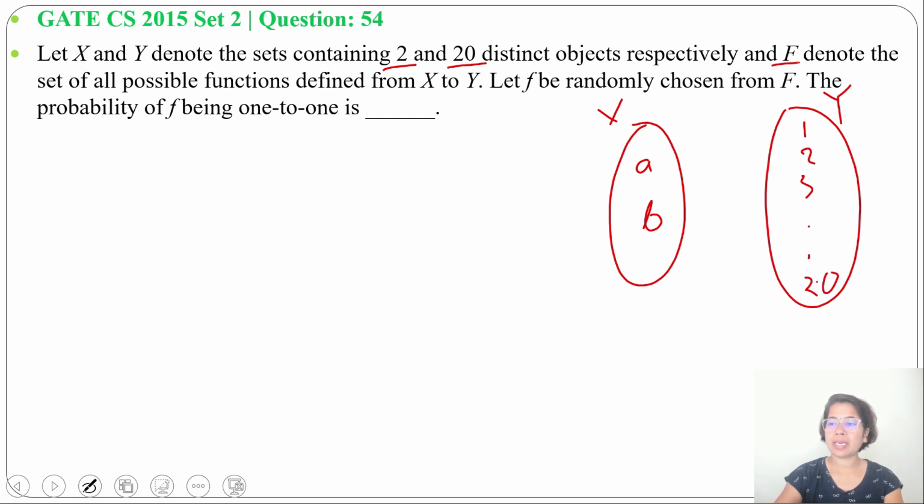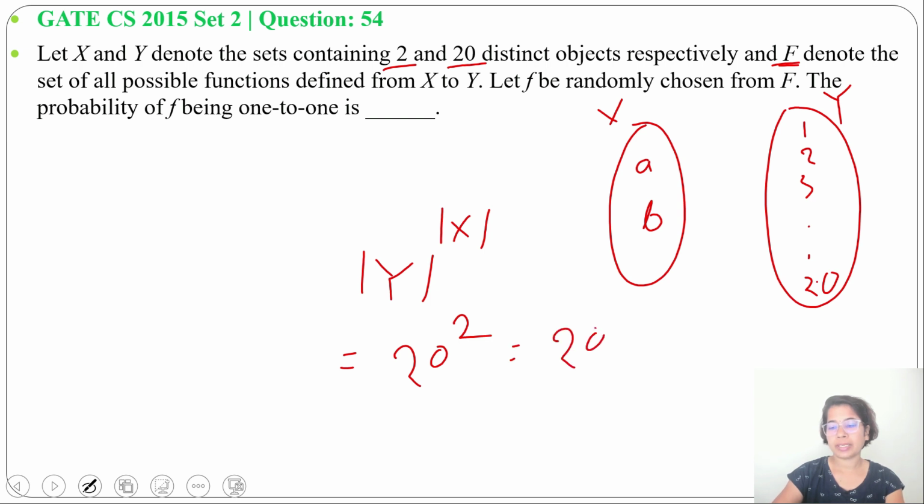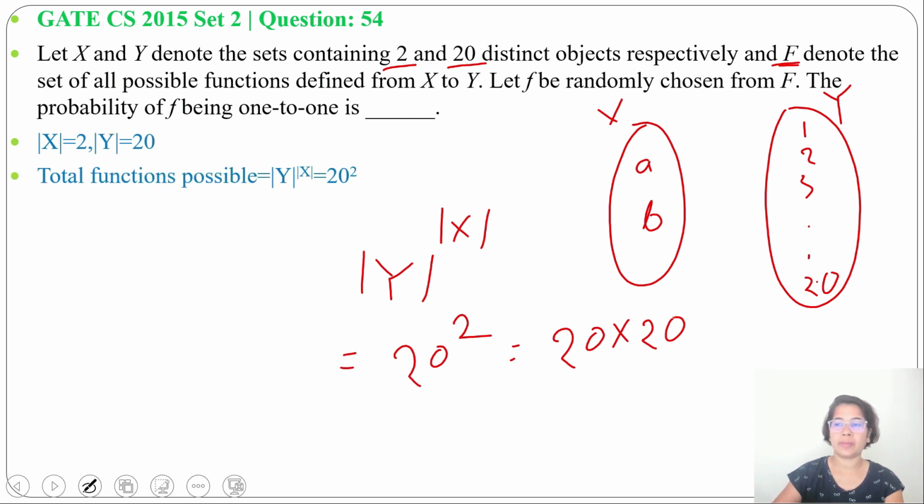Now this capital F denotes the set of all possible functions defined from X to Y. So the number of all possible functions from X to Y equals |Y| power |X|. |Y| equals 20, so 20 power 2 functions are possible. We can say 20 multiplication 20 functions are possible from set X to set Y.